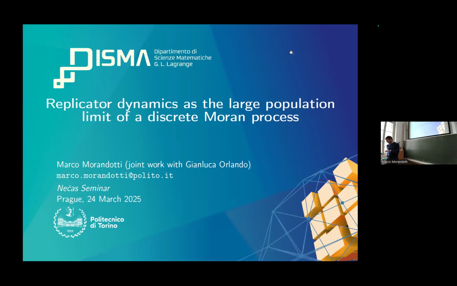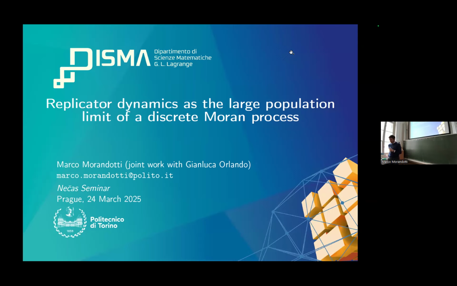On the other side, in the Moran process, the dynamics is, you could say, microscopic. So you see what happens when an agent is chosen for reproducing their strategy and in a way imposes their strategy on another agent.